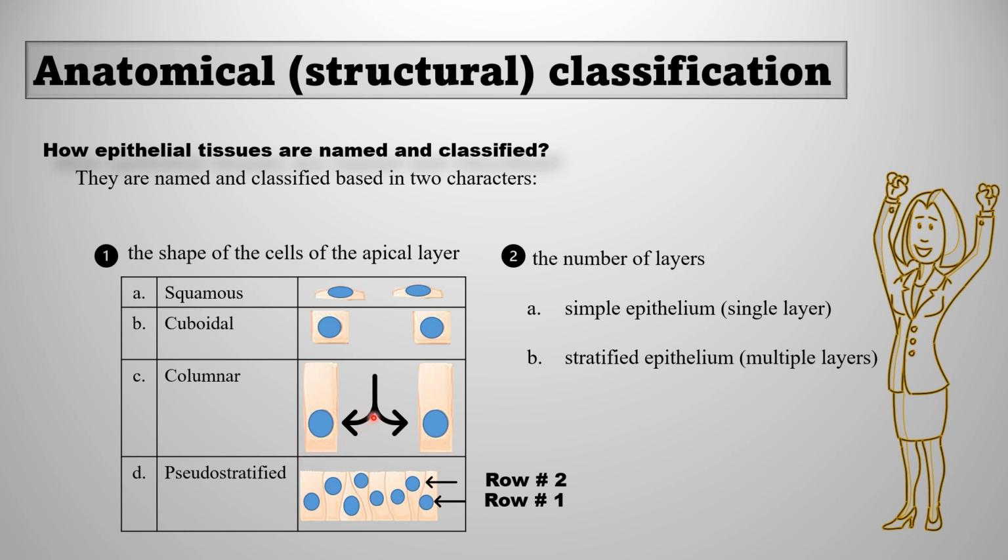And I would like to mention something here, that they also have prominent nuclei, but their nuclei are located in the bottom third of those cells. They may have cilia on the apical surface or the free surface of the cell, or microvilli.